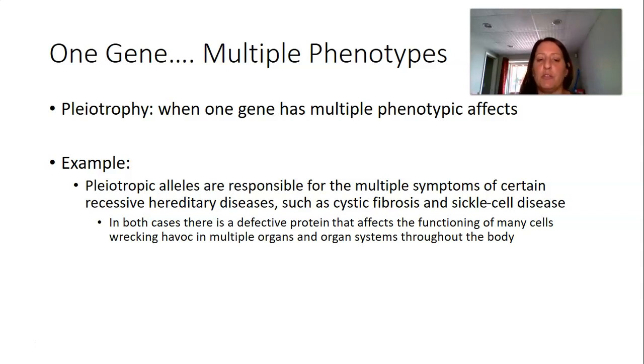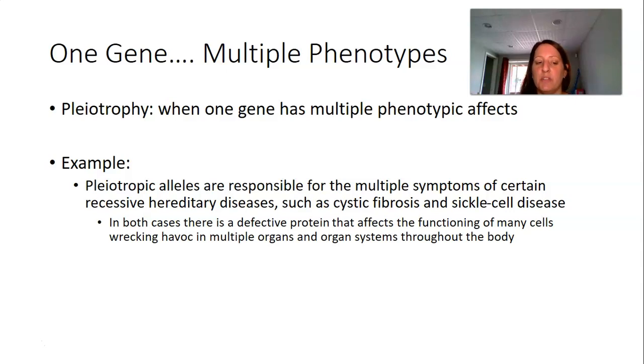Some examples of pleiotropic alleles that I have listed for us are recessive hereditary diseases. So for example, cystic fibrosis. So cystic fibrosis is a recessive hereditary disease.